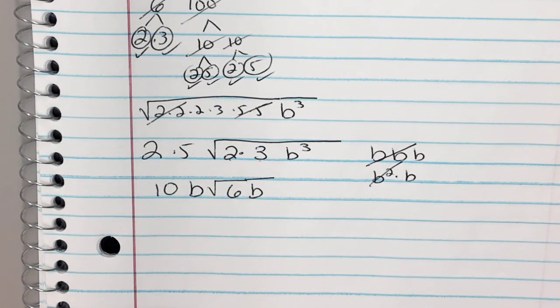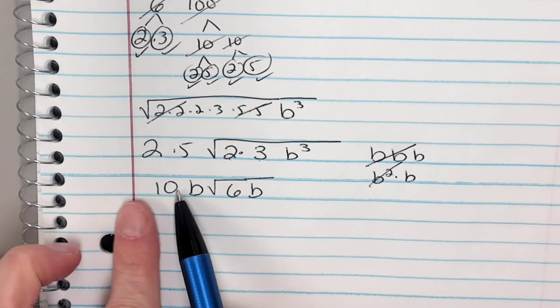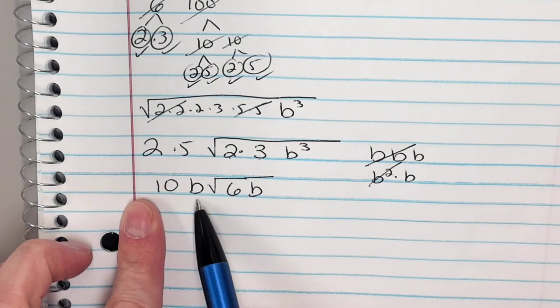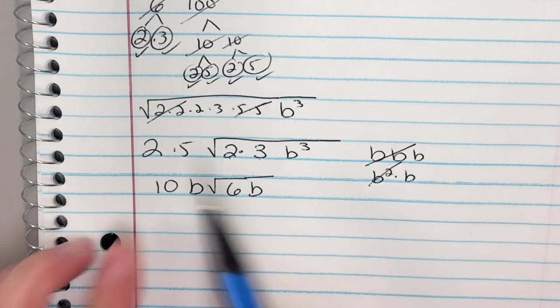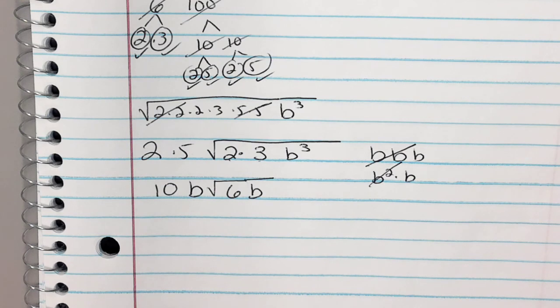However you want to see it. There's like 3 different ways. Notice how I write it. If we have a number outside of the root and a variable outside of the root, they're written together with multiplication in front of the root. So it goes number, which we call a coefficient, variable, root, and then whatever's left inside.